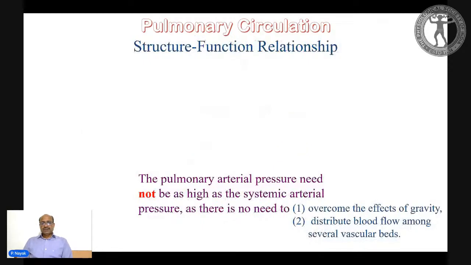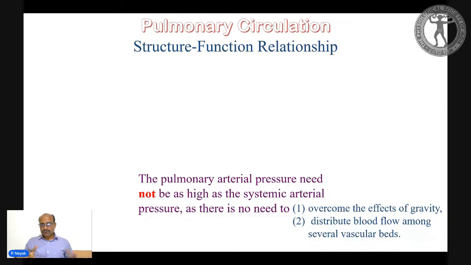As I have mentioned, the pulmonary arterial pressure need not be as high as the systemic arterial pressure, because there is no need to overcome the effects of gravity. For systemic circulation, the heart is here, and when we are in erect posture it has to overcome this, and at the same time the blood needs to come back from the toes to the heart.